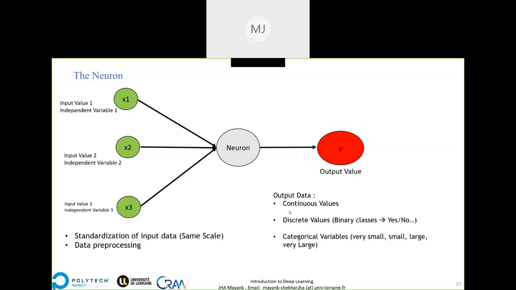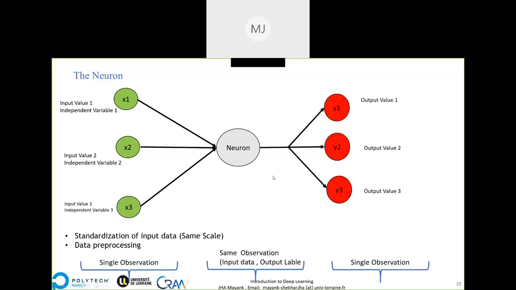The output data could be a continuous value, or it could be a discrete value. It need not be numerical only. It can be a categorical variable also.